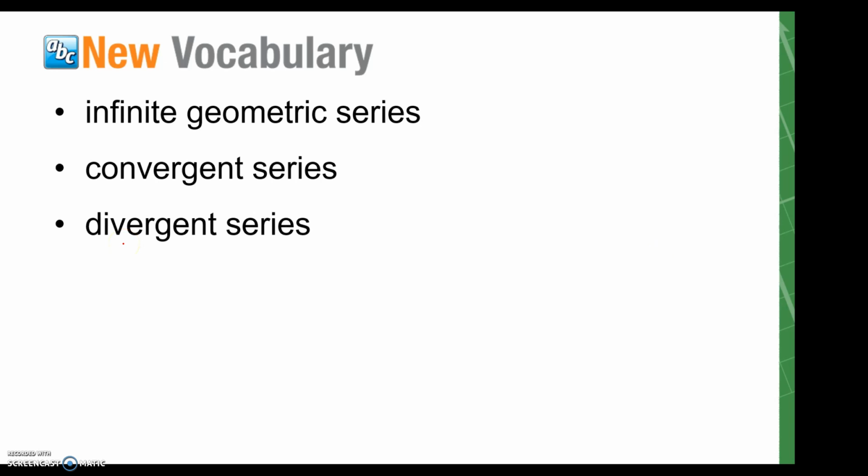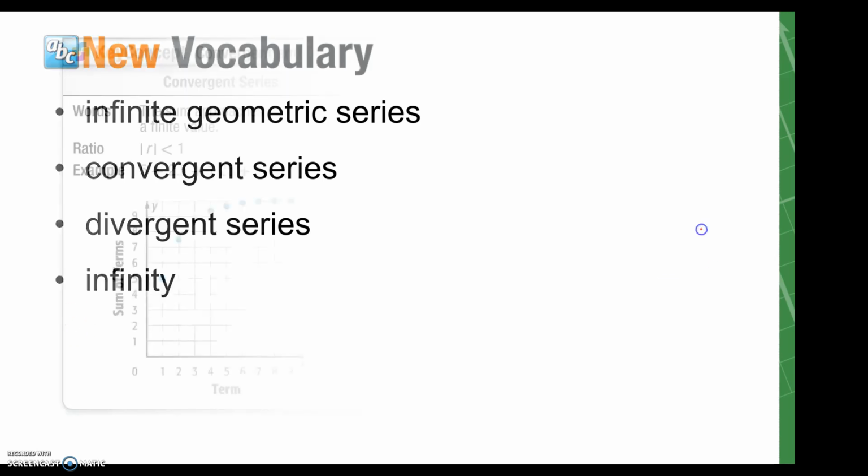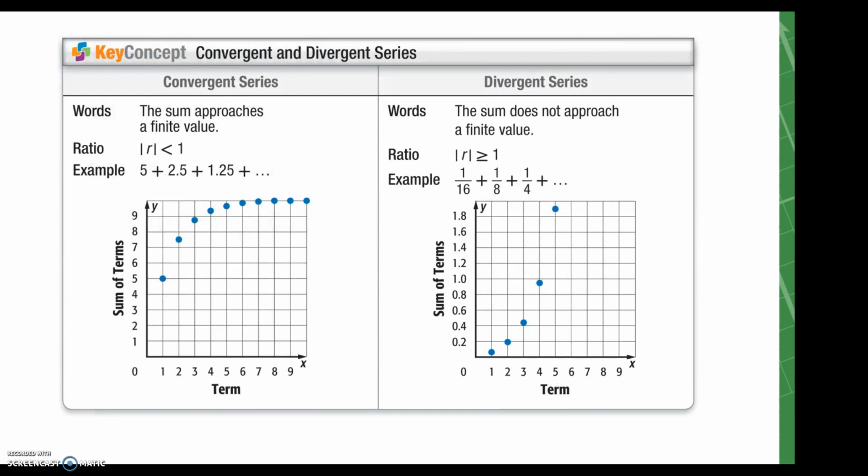A divergent series continues and just keeps getting bigger and bigger and bigger, if there's not anything to change it. So here you see the graph of both. Here is an example of a convergent series. We see that it kept increasing until it got really close to 10, and then it's just sitting right at 10 as we move along, and it never really is going to cross that 10.